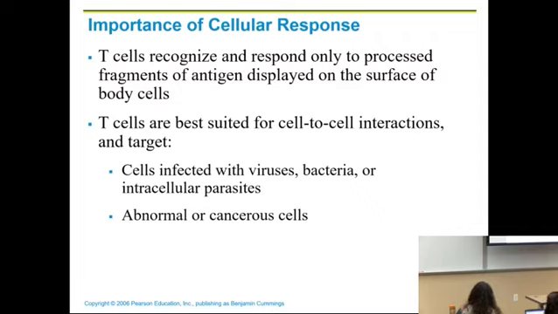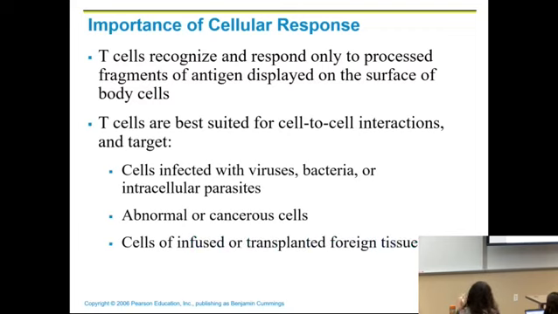We've got to be able to recognize that. It's us, so to a certain extent we're conflicted. We should protect it, but it's us and not functioning right. So we need to get rid of it, okay? And then also, if we have had some sort of a transplant or something like that, right? If you were receiving blood in the hospital and it was the wrong type of blood, we need to be able to recognize it.